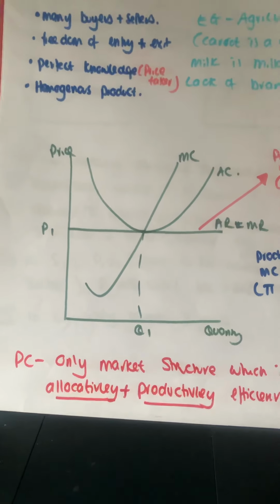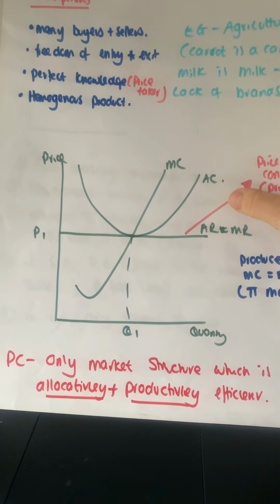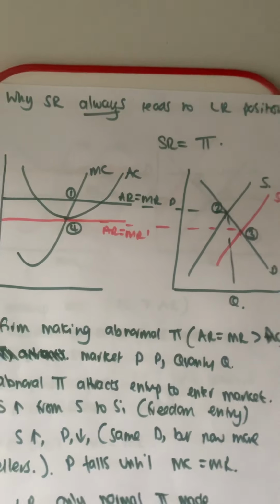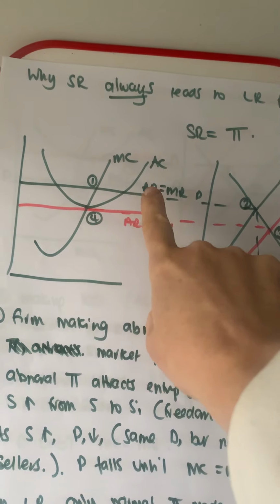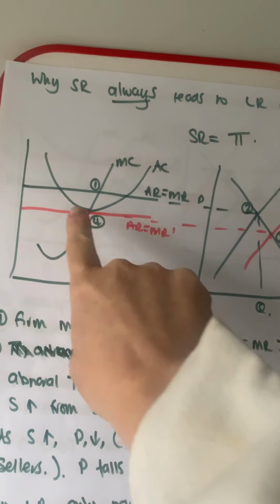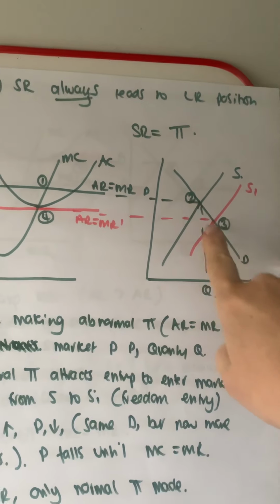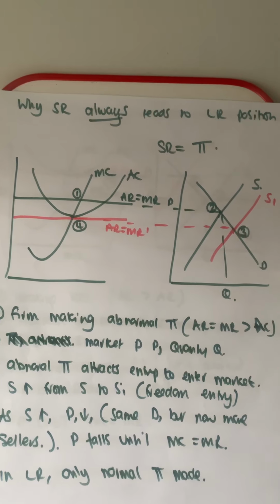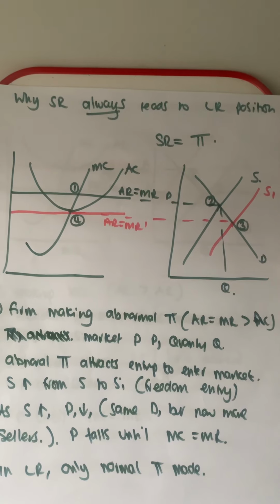Okay, so why is this the long run position? Why is it that this market will always revert to this position? Well, it will always revert to this position because if it ever does make a profit, so here it's making a profit because its revenue is higher than its costs, so it's making an abnormal profit, then what would happen is they would suck other people into the market to start producing in this market because they would see the abnormal profit and there's freedom of entry and exit.